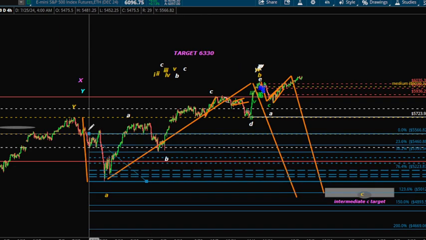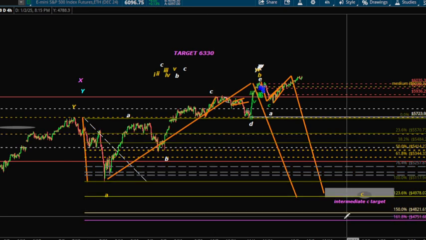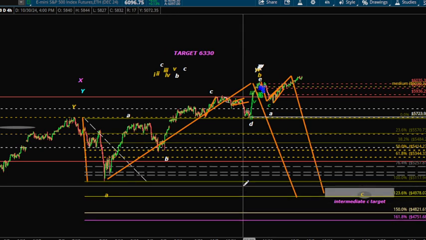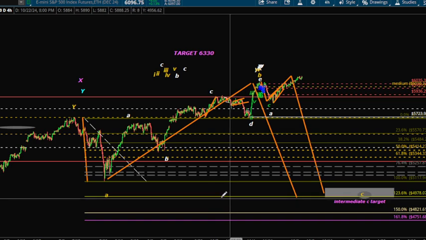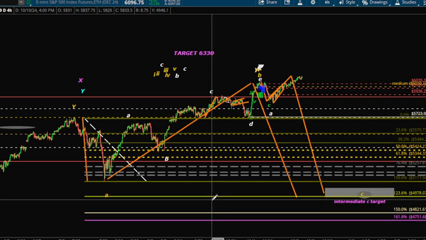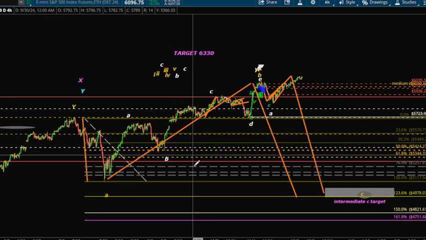So again, for this Thinkorswim platform, I'm using the Fibonacci retracement tool as the extension tool. And I know this is not a traditional way to measure or count, but I'm trying to prove a point that with Fibonacci, it doesn't really matter too much how you count it.